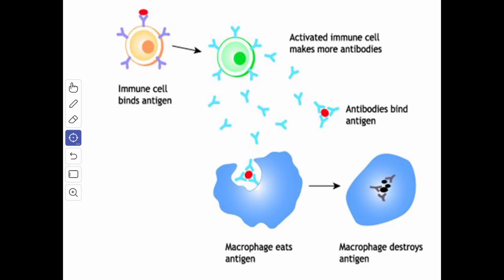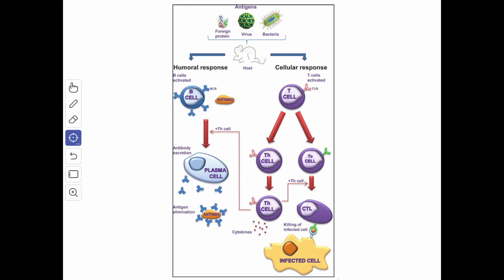This function of antibody production is done by the B lymphocyte. When stimulated by the presence of an antigen, the cells enlarge and get converted into plasma cells. The plasma cells produce antibodies. In this picture you can see these are the antigens.